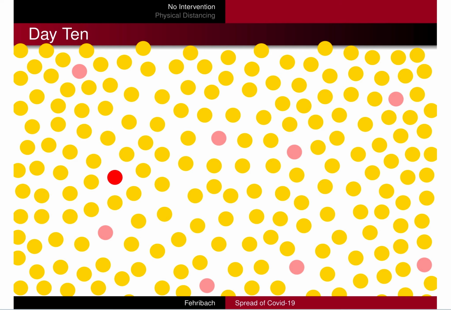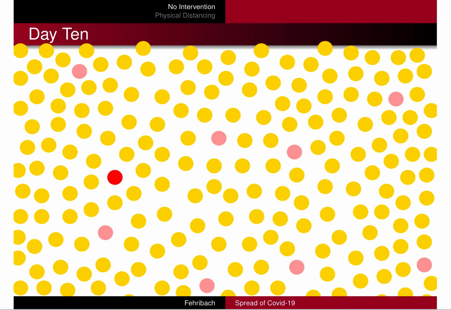Okay, and I should point out, maybe I said this earlier, but there are about 200 dots altogether on this screen, 200 total. So we go forward to day 15. The number of people who are ill has tripled. There are now 3 people who have the disease, and there are now 27 yellow, pink and red dots, about 27.